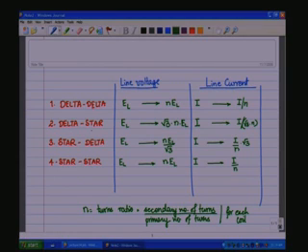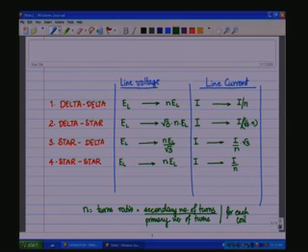And in the case of the delta star, the secondary terminal voltage is also multiplied by √3, and in the case of the star delta, the secondary terminal voltage is divided by √3, and the star star also has a terminal relationship with a factor of n.